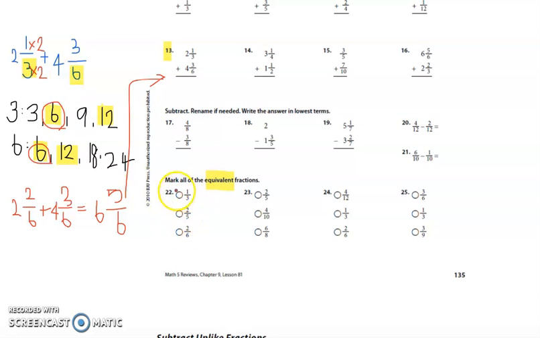It's going to be 1 over 3 and 2 over 6, because when I divide my top and bottom by 2, it will become 1 over 3. That means these 2 fractions have the same value. So we need to do the same for number 23 to 25.